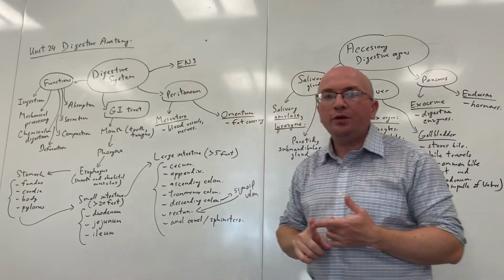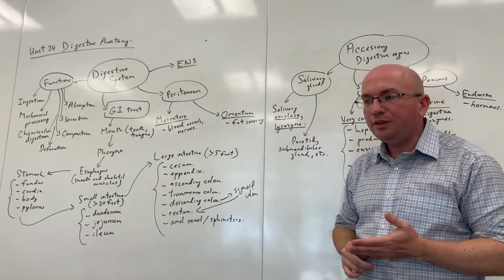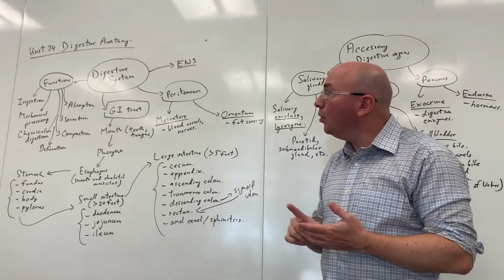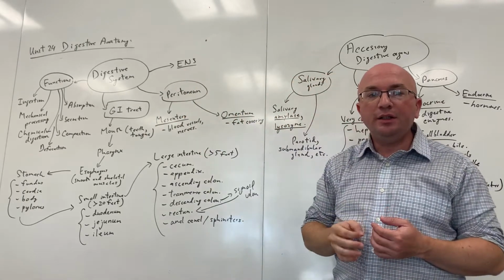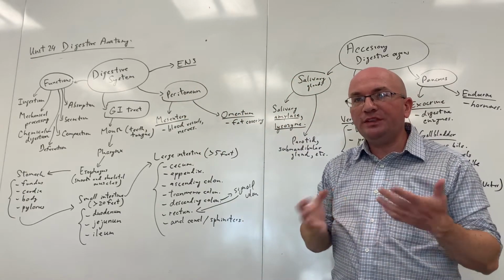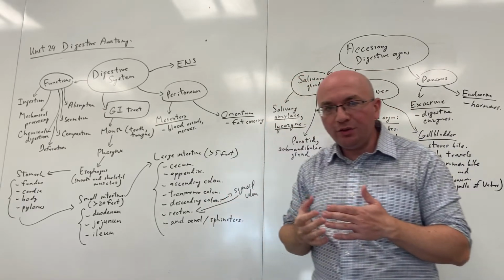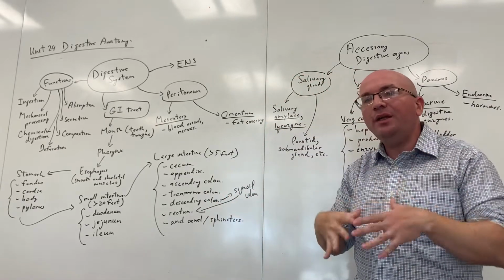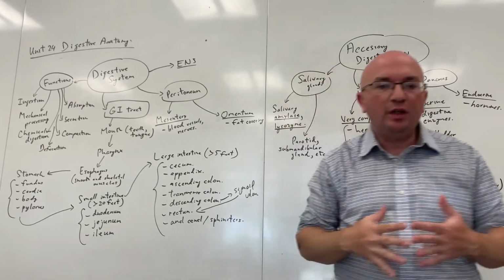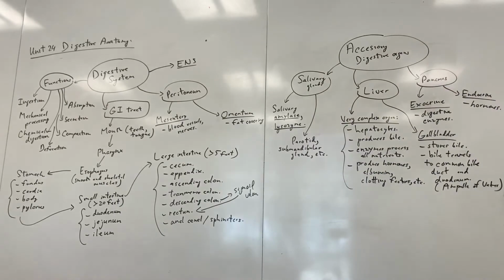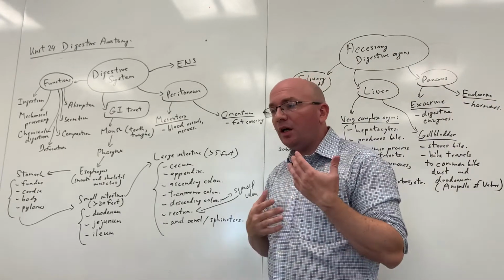One other thing to keep in mind is that there is a set of specialized nerves in the digestive tract called the enteric nervous system, or ENS. These are separate from nerves in other parts of the nervous system. Obviously, they're all connected, but they are specifically in charge of the digestive functions, whether these are neuroendocrine functions or other functions.